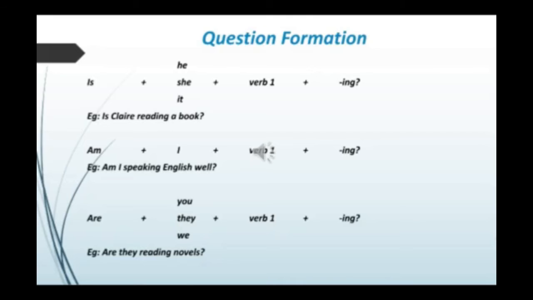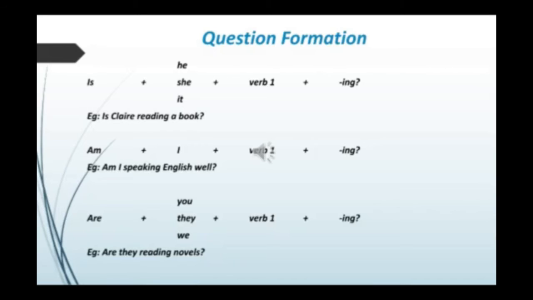So first I am placing is, then the subject, here I am taking the subject as Claire. Then I am taking the verb read. So when I add ing to the first form of the verb, it becomes reading. So the sentence Claire is reading a book will be: Is Claire reading a book?